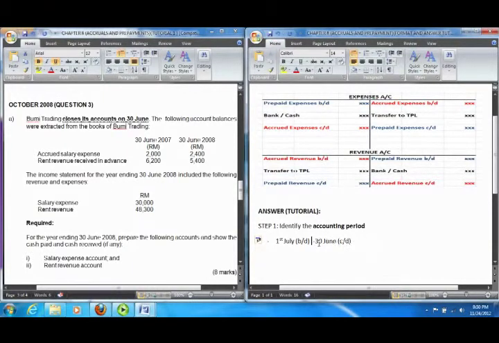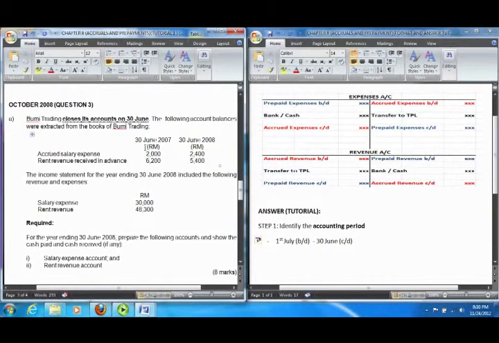Based on the question, the following account balance was extracted from the book of Bumi Trading. The question has given you the CD, 30th June 2007 and 30th June 2008.